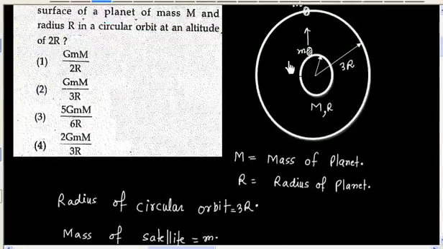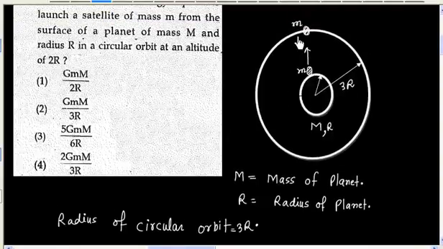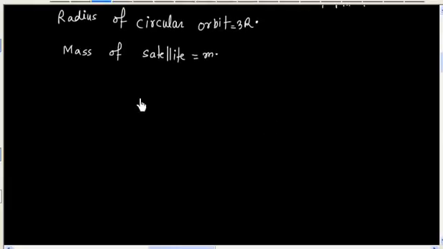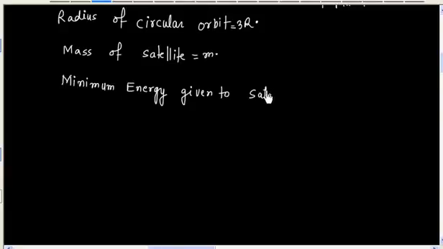We have to find what is the minimum energy that is given to this satellite so that finally it moves in a circular orbit of radius 3r. So the question is, we have to find minimum energy given to satellite.